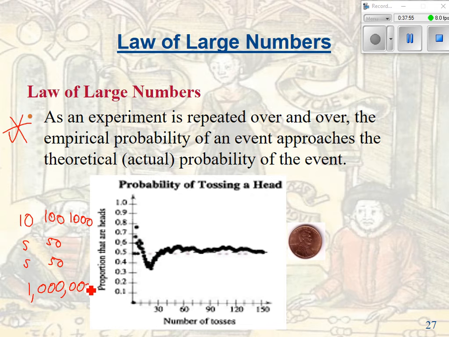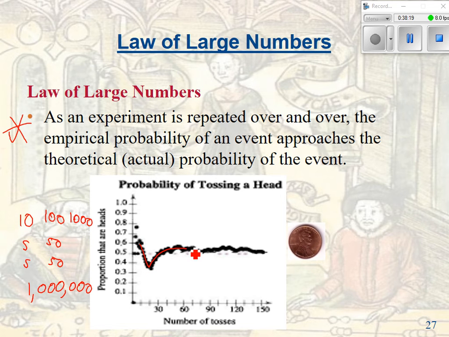And you notice that's what they've done here. What's that say? Proportion that are heads. So they figured out heads. Well, they flipped it, looks like 10 times down here. Looks like they got like 8 heads. Then they flipped it a few more times, and they end up getting more tails.